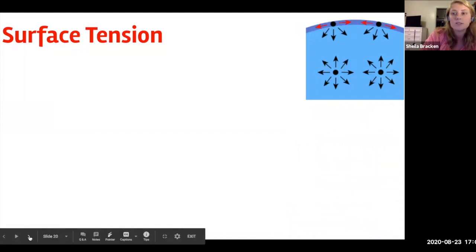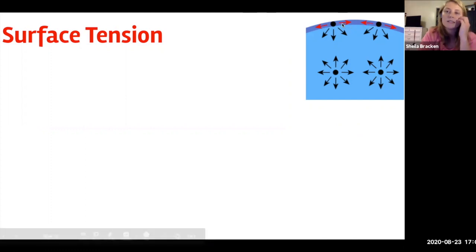So let's talk about surface tension. I have this great little graphic here. It shows you that water has a stronger connection up here at the top, because when it's in the middle of the water, it's connecting every which way, any way it can, right? That oxygen is connecting to a hydrogen in very sporadic and spread out ways.